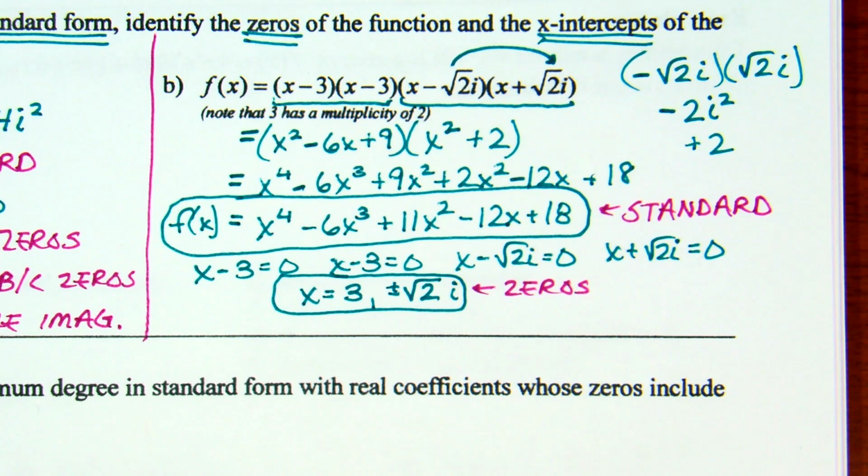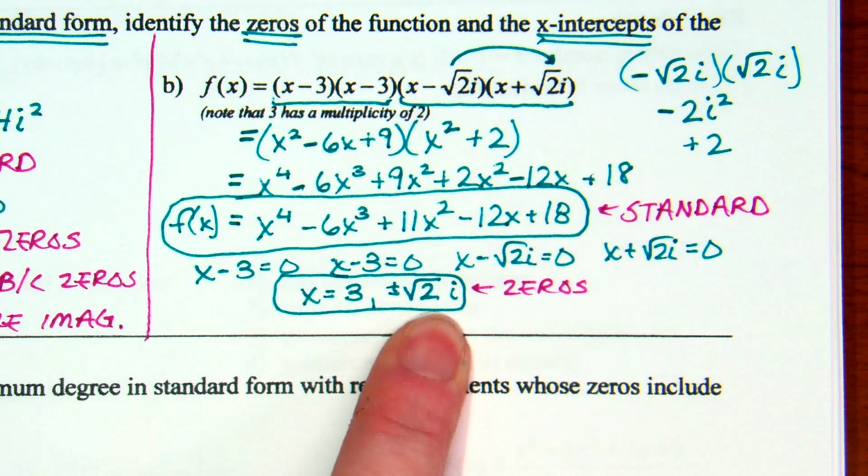Okay, were you guys having the x-intercepts discussion? What x-intercepts do I have? We'll have the real one, which is 3. Anything else? I don't think so. Plus and minus the radical 2 times I, those are imaginary. They're not going to physically show up.